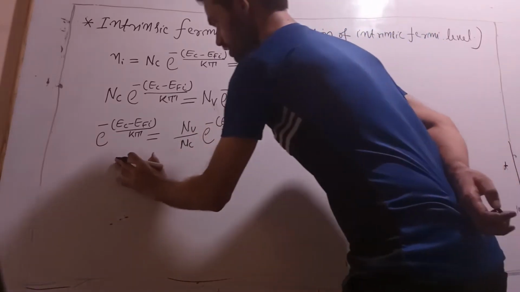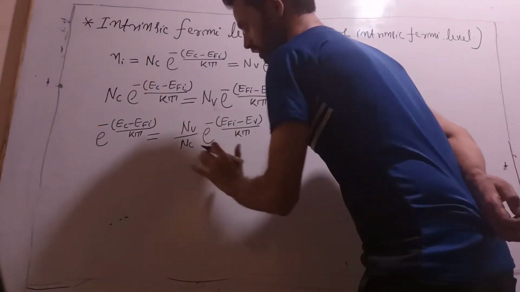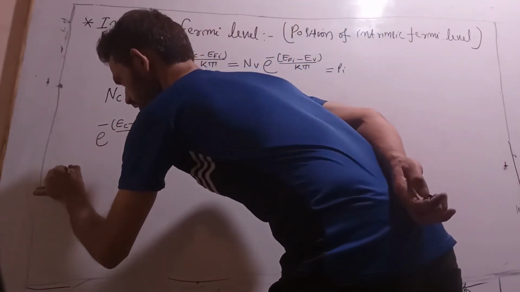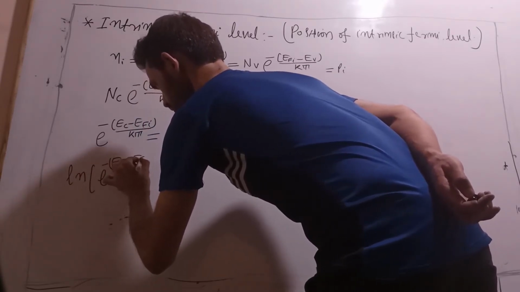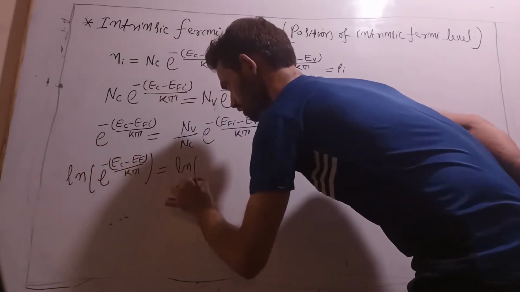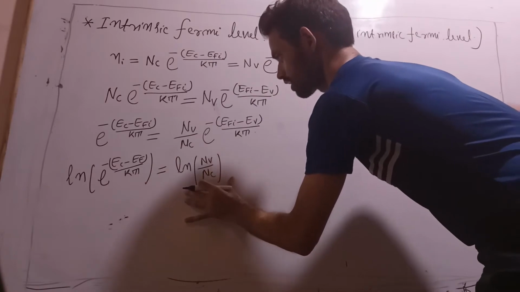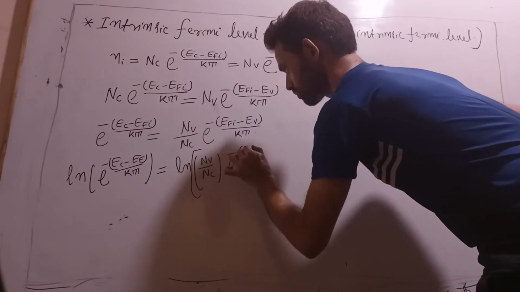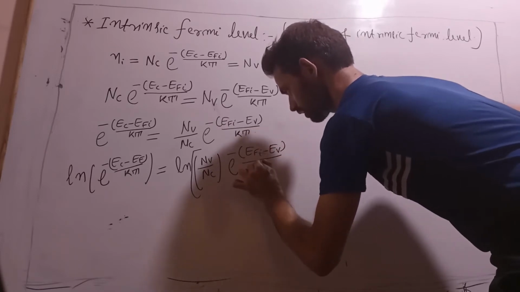Now take the logarithm. Take the natural log on both sides. When we take the natural log on both sides, what we will get? ln e to the power minus (Ec minus EFI) by kT is equal to ln of Nv by Nc times e to the power minus (EFI minus Ev) by kT.